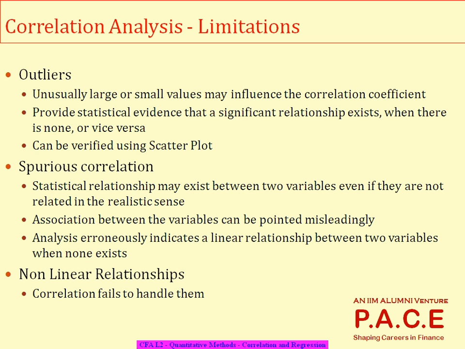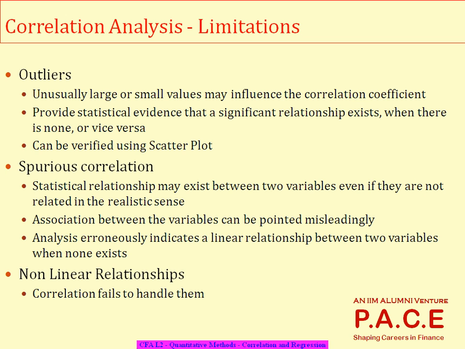Now correlation, whenever I am trying to find out between two variables, there are three major limitations which we come across. One is, if my data has outliers, one or two values, the mean will get affected, and whatever x minus x bar we are using is getting affected.